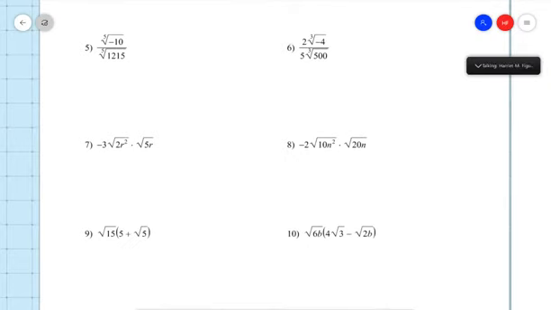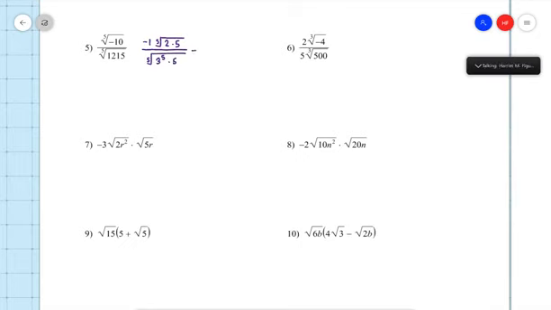Then on number 5, we've got negative 10 underneath that radical there, so we're going to take out that negative 1. 5th root of 10 is 2 times 5, which cannot be simplified. And then 12/15 is 3 to the 5th power times 5.